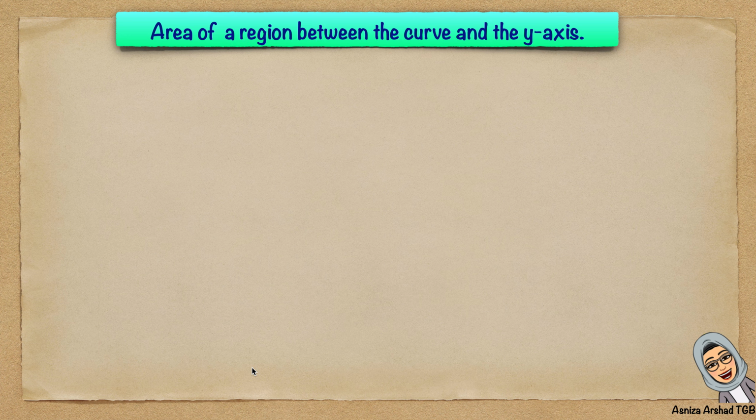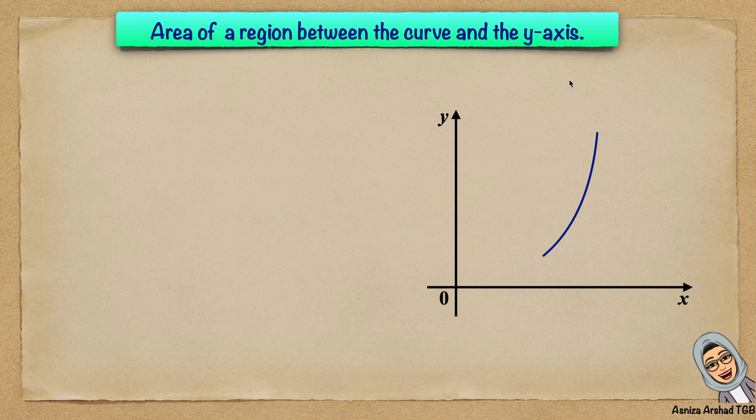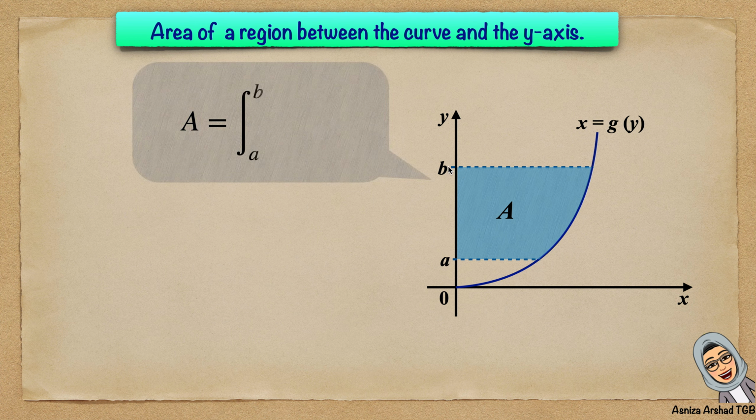Second, we'll see the area of the region between the curve and the y-axis. So let's say we have a curve of x equal to g(y). We need to find the area of the shaded region between the curve and the y-axis, where the shaded region is from y equal to a to y equal to b.